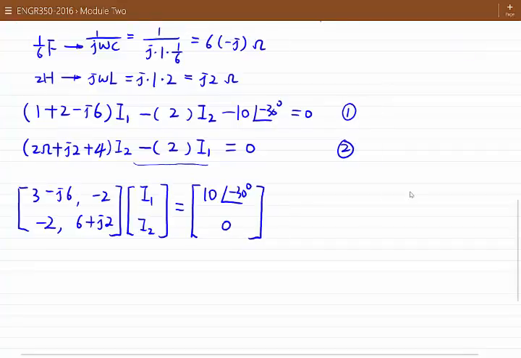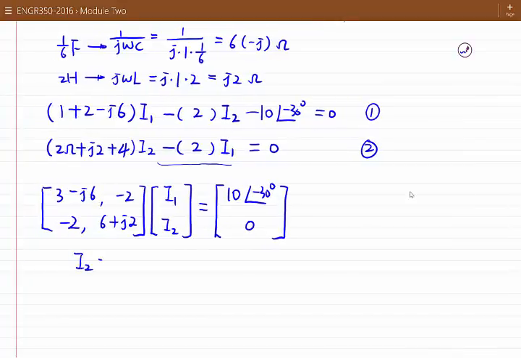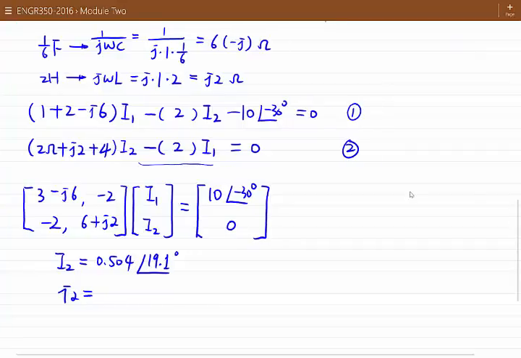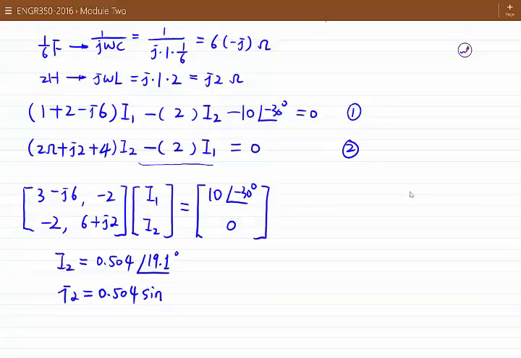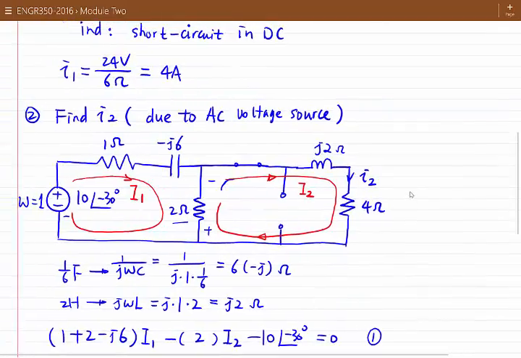So we can solve for I2. The current phasor I2 is 0.504 angle 19.1 degree. So let's write I2 current in time domain. So the amplitude is 0.504, because the base function is a sine function.